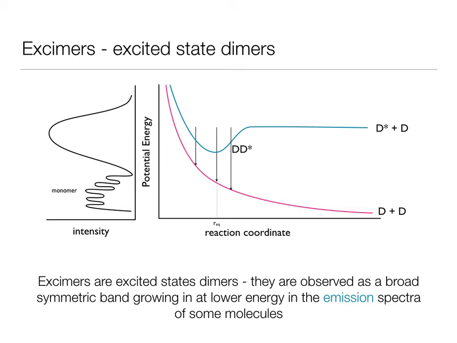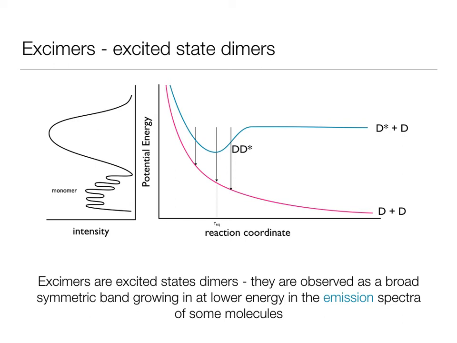I start to see my emission, which is basically moving from this excimer, kind of dimer of two molecules brought together with a lower energy, to the ground state of that, which is just these two molecules diffusing away from each other. And as I look at moving across these different energies, this is the origin of this broad Gaussian peak. It's because it's coming from this very symmetric potential well.